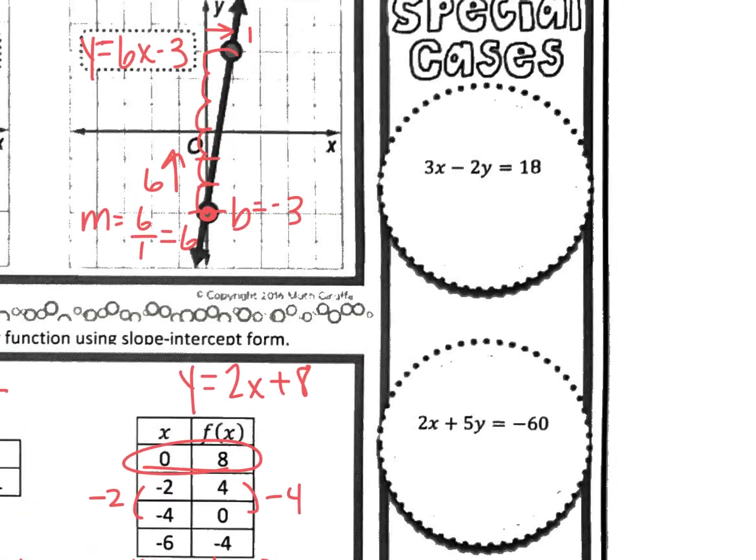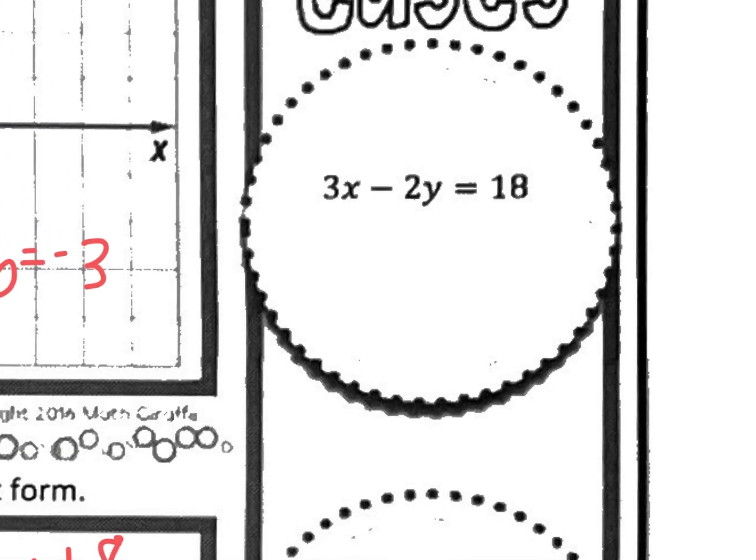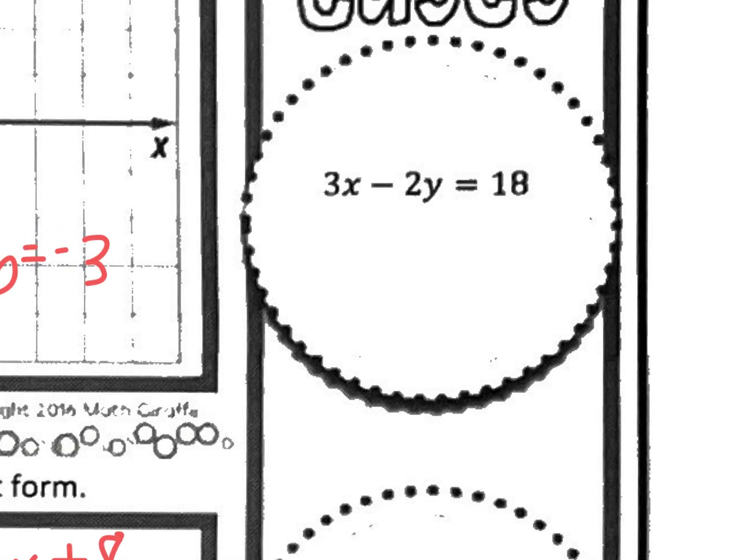We did look at this when we did literal equations. We could, if we're solving for y, remember we said we need to minus the 3x and divide everything by -2. Make sure that we can change things into slope-intercept form.